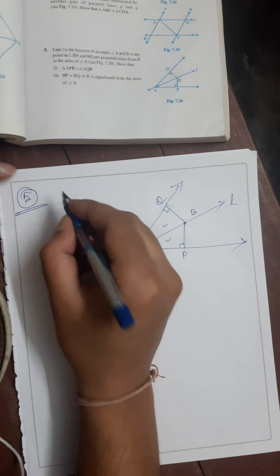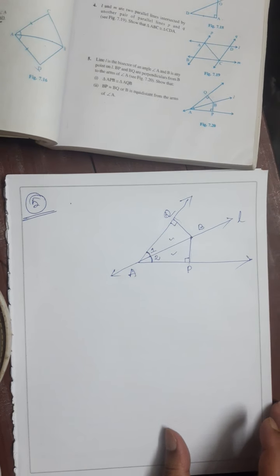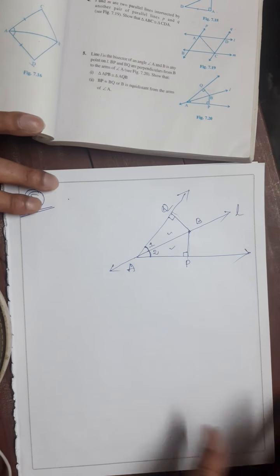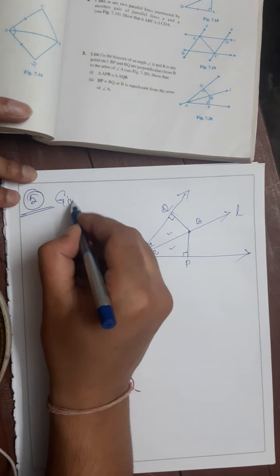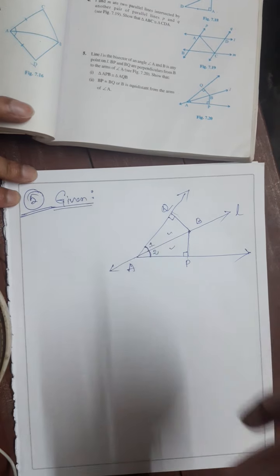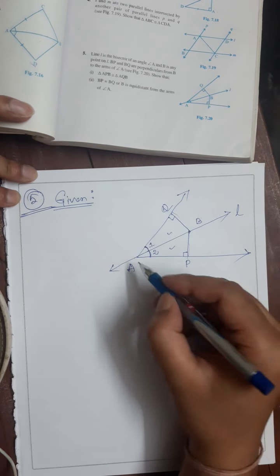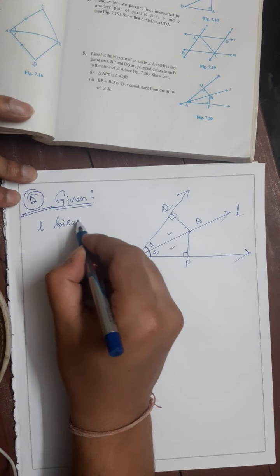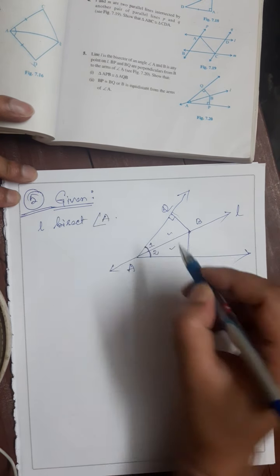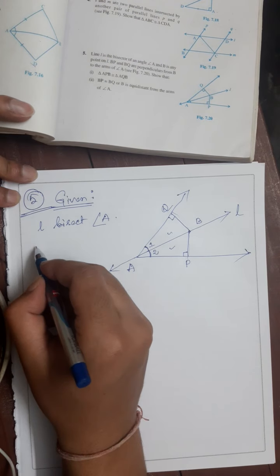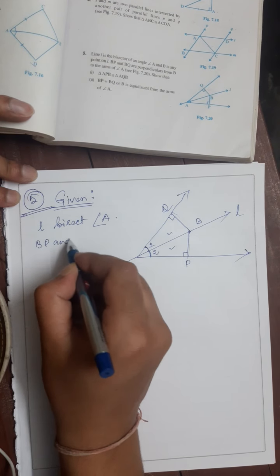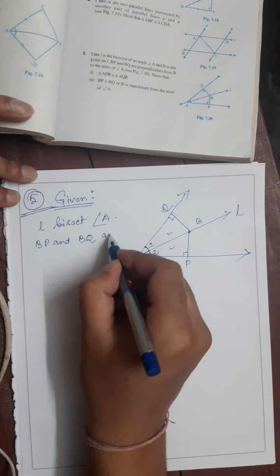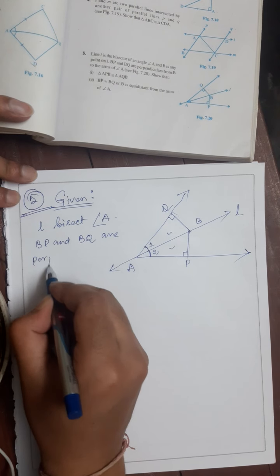So first we'll start with given. What is given? Line L bisects angle A. This line bisects angle A. BP and BQ are perpendiculars.